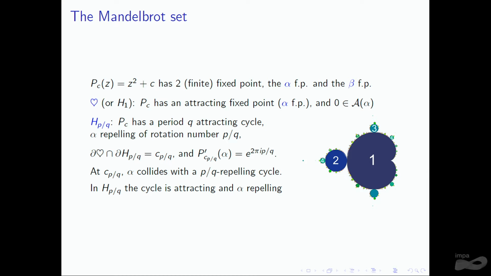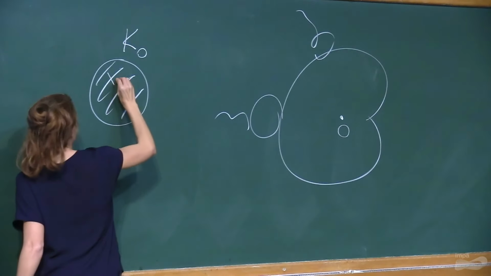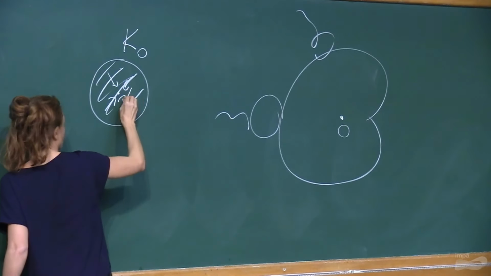So, if I take 0, we saw before the filled Julia set of the map z squared, it's the unit disk. This is K of 0. 0 is super attracting, it is my alpha fixed point.